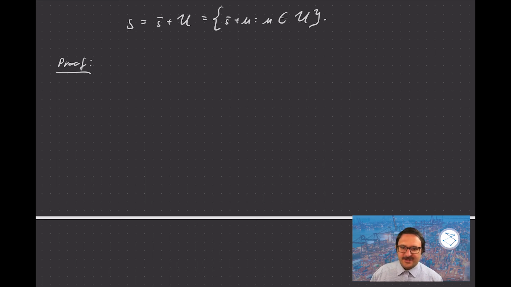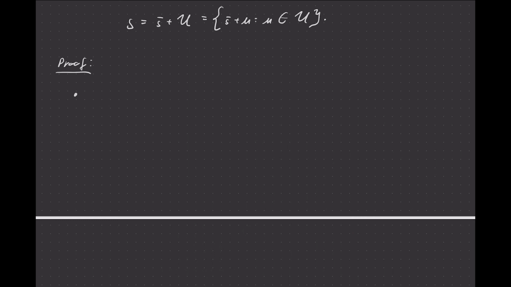Let's start with the easier case, where we start with the solution of the homogeneous system, and then see that S bar plus that solution solves the inhomogeneous system. So this is part one. First, let u bar in U be a solution to the homogeneous SLE.